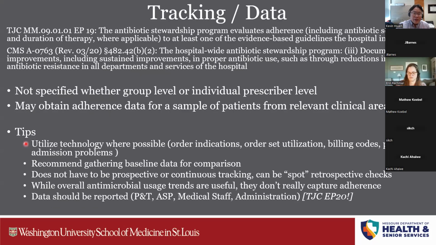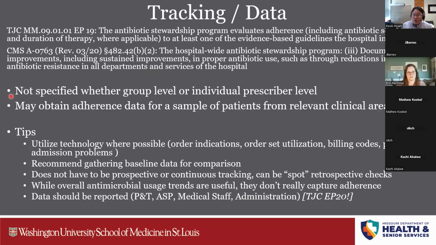Once you've gotten all that done, now comes the tracking part of things. And this is a required component of TJC and CMS. So one thing you have to realize is neither of these bodies, and quite honestly, nobody has reached consensus on whether or not you need to track appropriate use on an individual prescriber level or whether or not you can track things on a group level.